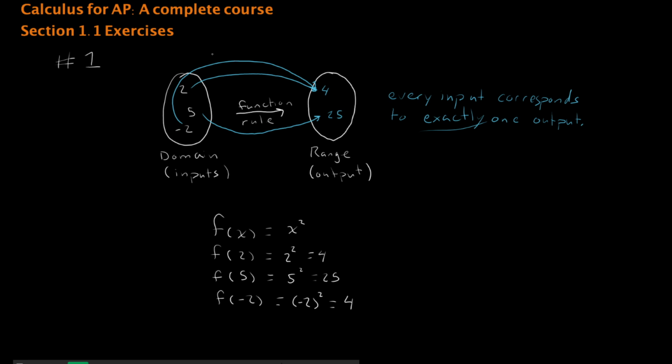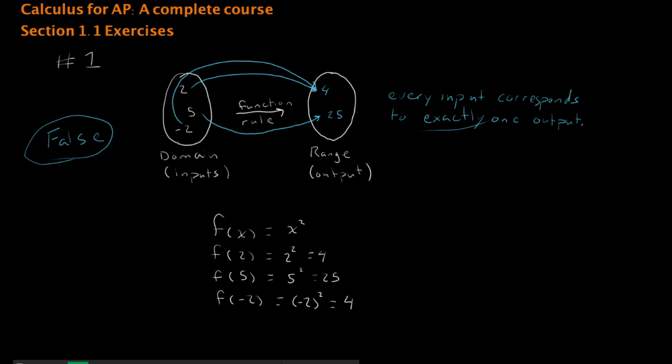It does not correspond to only one input from the domain. So this is actually false. They've gotten the significance backwards. A function is only a function if every input from the domain corresponds to exactly one output from the range. Items from the range may correspond to more than one item from the domain, from the input.